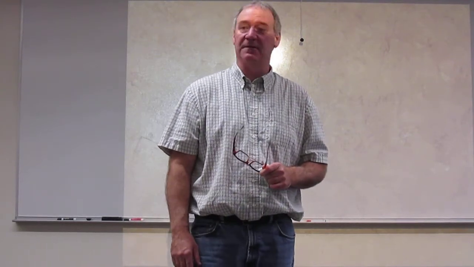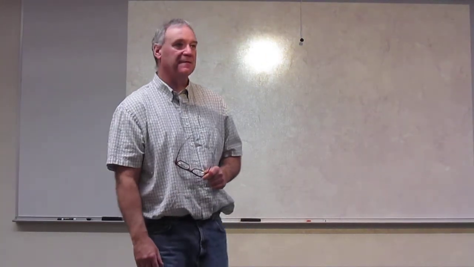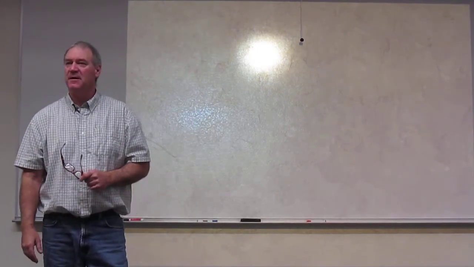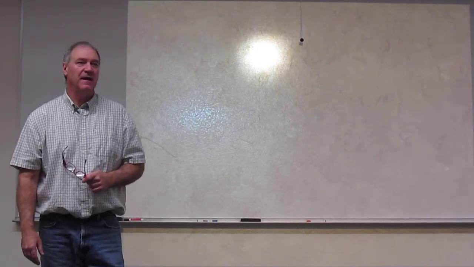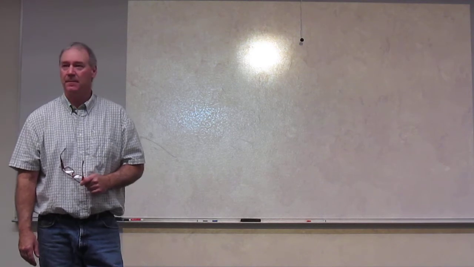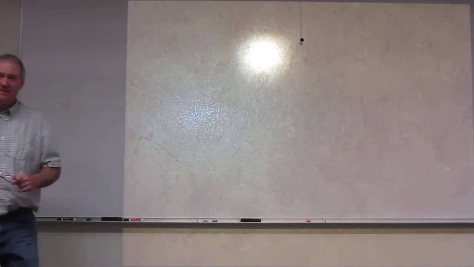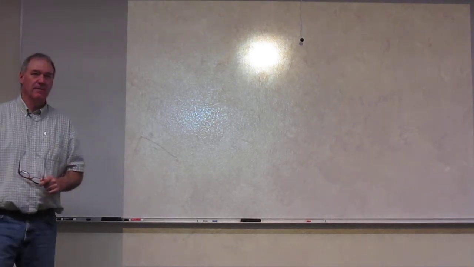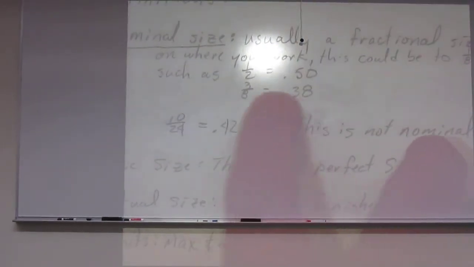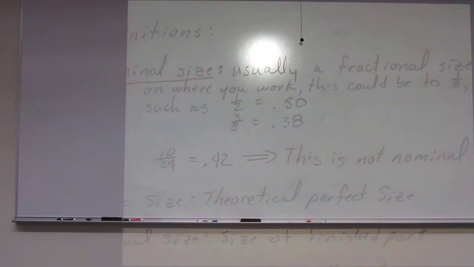And 1/128th is pretty small. That's going out to, what, 3 decimal places? Okay, which is a pretty tight machine shop to be able to do that. So it's dictated by where you go to work. Keep in mind that even when we use decimal dimensions, we consider that a fraction. So I just kind of put on here, as for us, like a 1/2 inch, that's considered a nominal size.